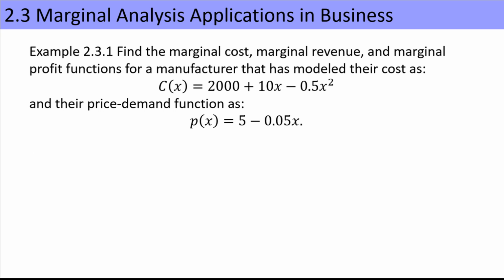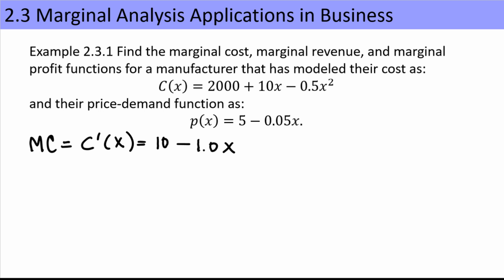To find the marginal cost, MC, what we need is just the derivative of the cost function. The derivative of 2,000, a constant, is 0. The derivative of 10x is 10, minus the derivative of 0.5 times x squared. We bring the 2 down, so 0.5 times 2 is 1.0x. So that's the marginal cost.